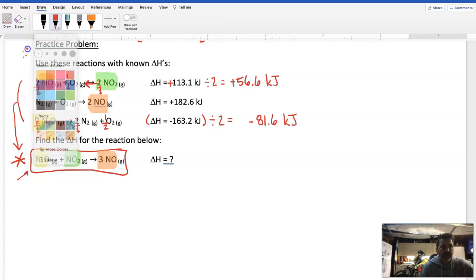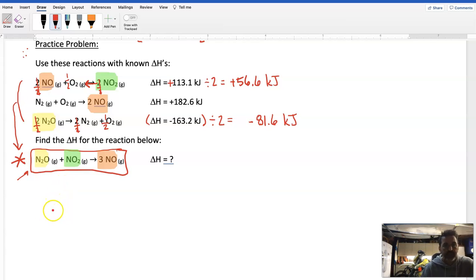Okay, and then I'm just going to add all these together and make sure that it equals this last equation here. All right, so now this is where it gets a little bit tricky, but I'm going to start with equation number 1, and I'm going to add all 3 of these together. So I'm going to add the reactants. So the reactants are NO2 for this first equation.